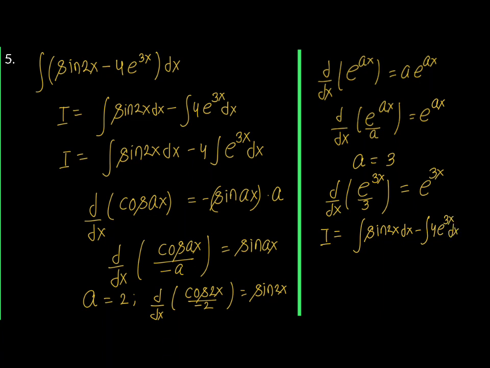So I can write I equal to integration of sin 2x, that is minus cos 2x by 2, so minus cos 2x upon 2, and minus 4 times integration of e to the power 3x, that is e to the power 3x upon 3. So I will write e to the power 3x upon 3 plus some constant of integration.